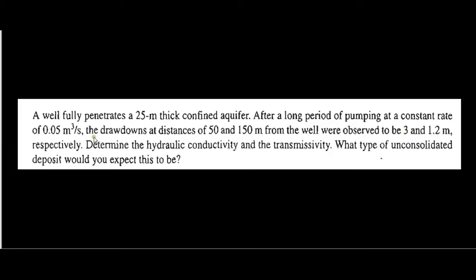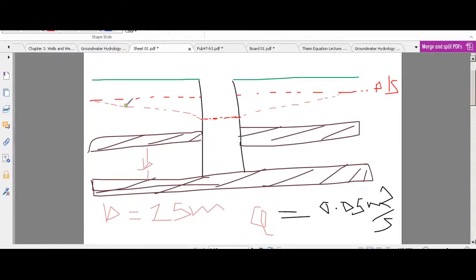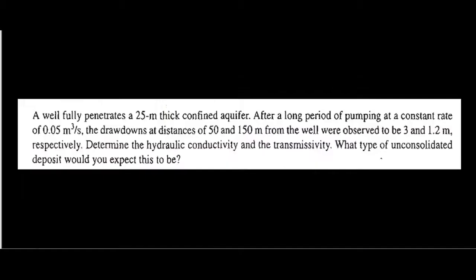Okay, so they have given us the drawdowns. Drawdown, guys, what is drawdown? Drawdown means the vertical length measured from the original piezometric surface until it intersects this curve. According to the problem, when the radius is 50 meters, the drawdown is 3.